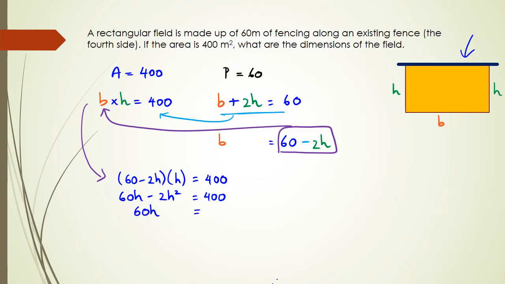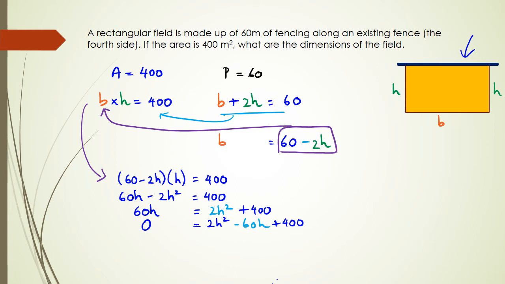So 60h could be written as, because negative 2h squared comes to the right hand side, it now becomes positive 2h squared plus 400. And then I've got to get rid of the 60h, so it becomes 2h squared. But because I've got the 60h coming over to this side, it's minus 60h plus 400.